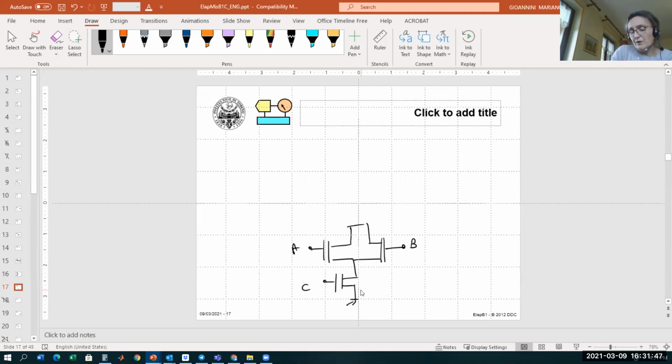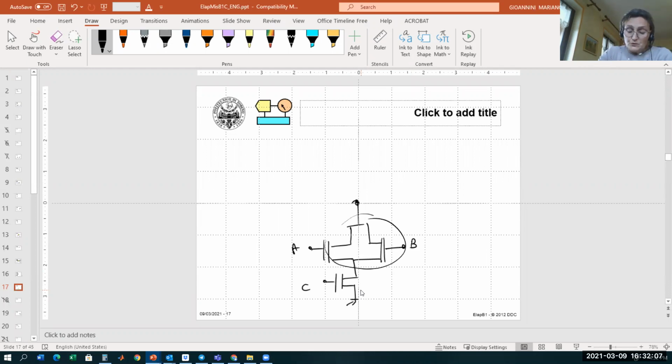Okay, with these two in parallel. Now you have to plot the top part. The top part is the complementary part. What on the bottom is in series goes in parallel and vice versa.